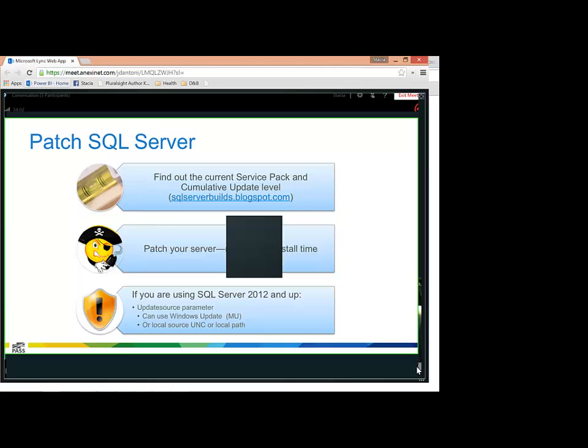In 2012, we just used this update source parameter, and we can use Windows Update for that. I haven't done that successfully. Or we can use a local UNC path or a local path. And all we do is copy the extracted cumulative updates there, and SQL Server install will go get them and apply them to the server.